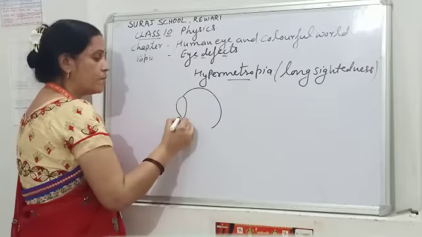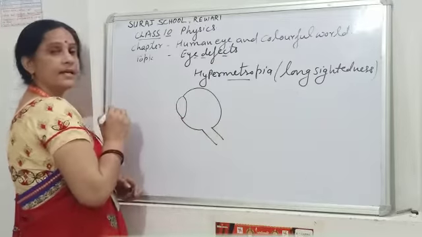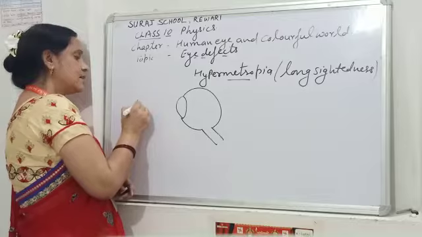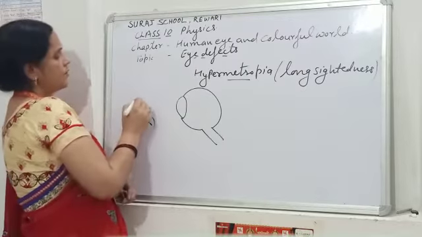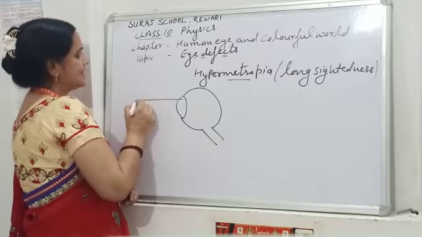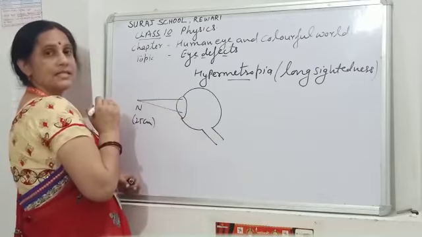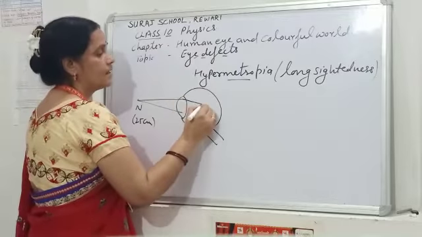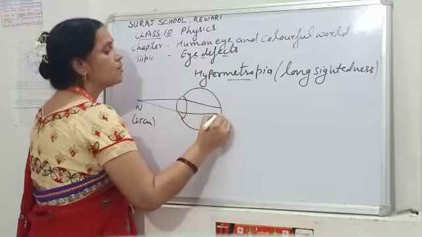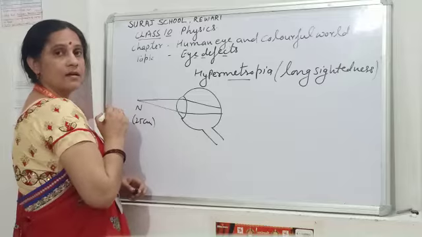In hypermetropia, the near point is affected, and the near point is at 25 centimeters. So from the near point, when light rays reach the eye lens, due to the defect, these rays could not converge at the retina.